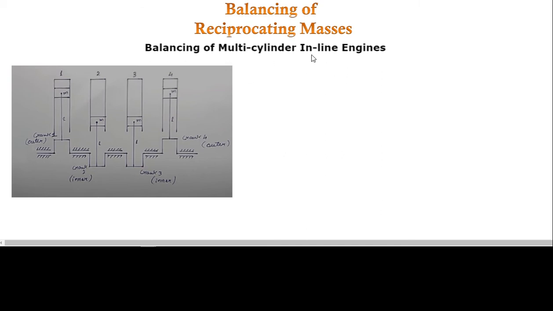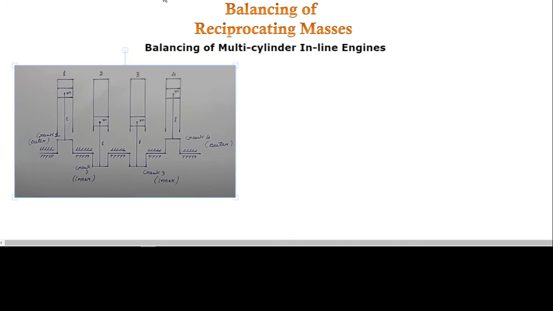So what is an inline engine? Inline engine means if this is your axis of the crank, all the cylinders will be on the one side of that crank. So if you view from here, all the cylinders are on the right side. This is known as an inline engine, or all the cylinders may be on the left side.